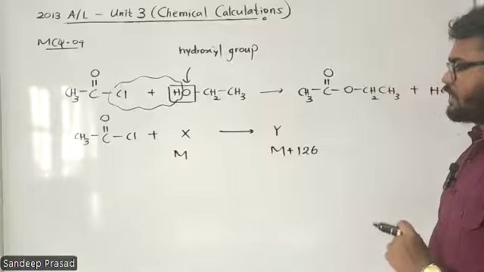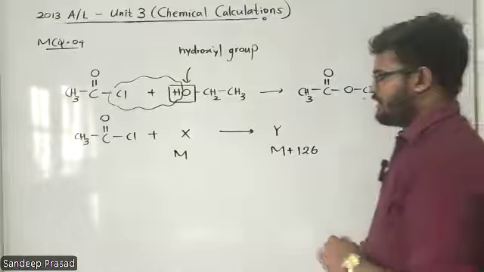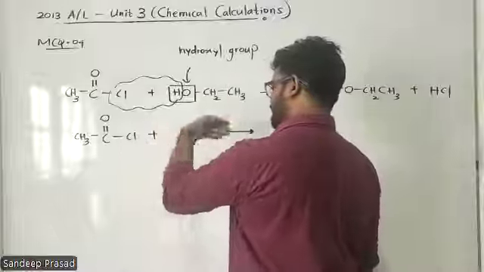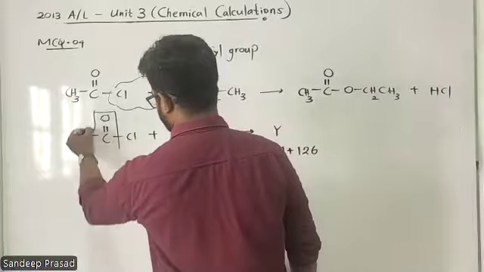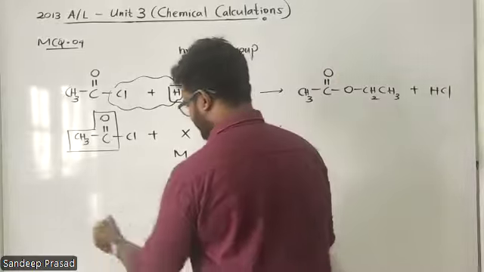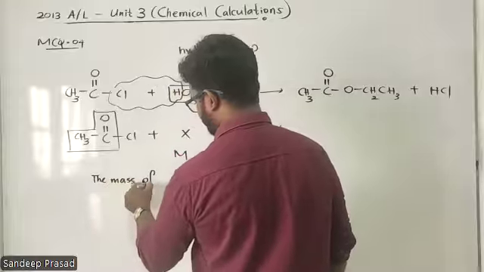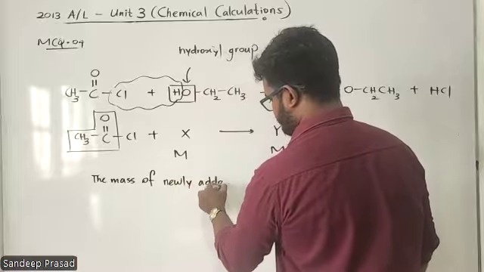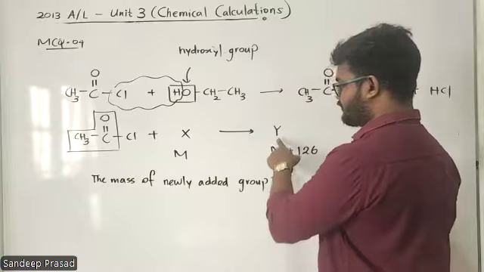Now students, look at this one. Now you have to understand something like this. This chlorine atom is removed from the acetyl chloride. Then the remaining group is CH3, C double bond O, right? So therefore, I can say that the mass of the newly added group, what is that newly added group to the compound for capital X?